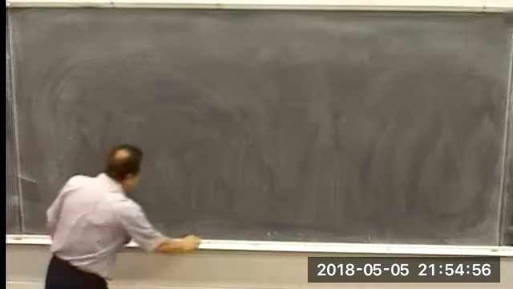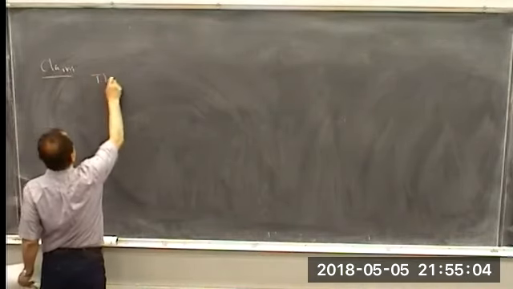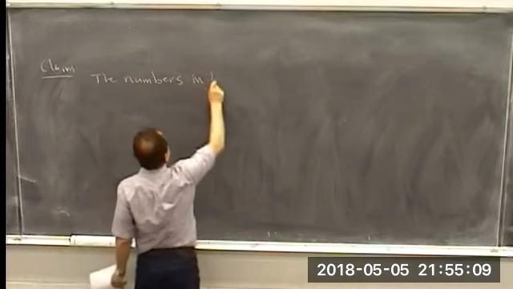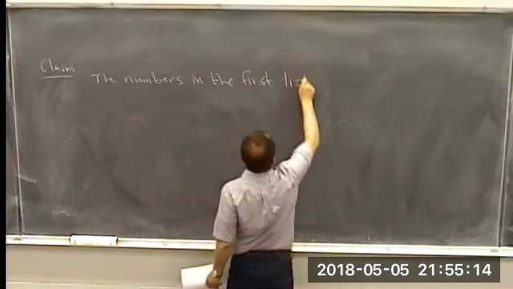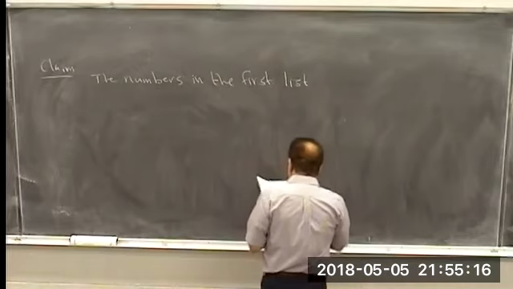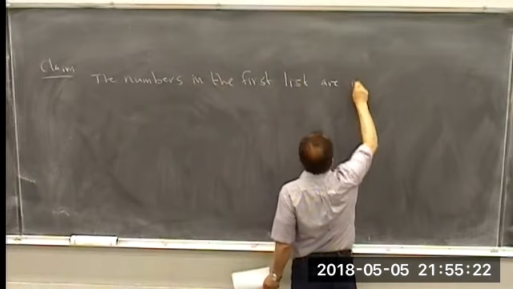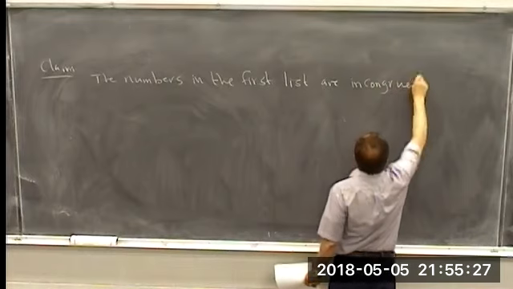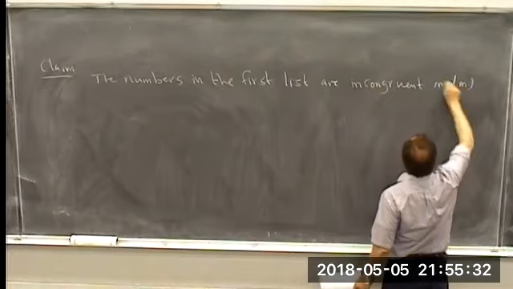Claim number 2: the numbers in the first list are incongruent mod m, of course, pairwise.